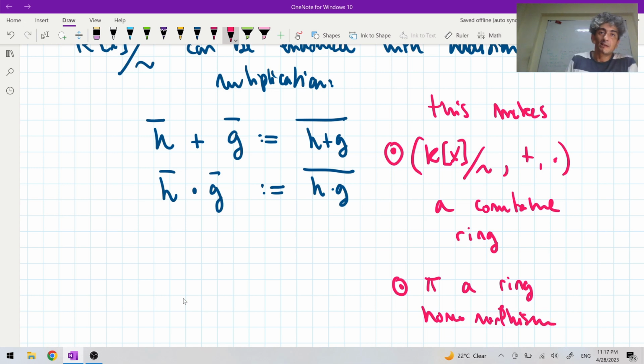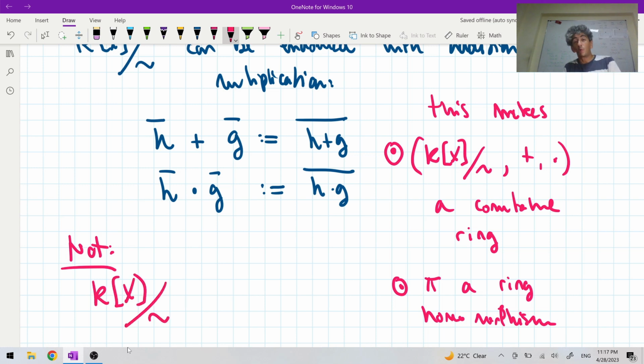A little bit of notation: we'll refer to this quotient as K[x]/(f), where f is the one that we are fixing.